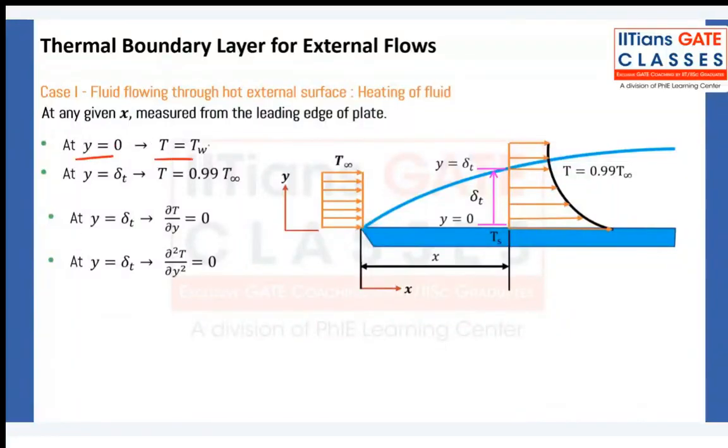And at y equals delta T, T equals 99% of T infinity. Also, after this point, there is no temperature gradient. And of course, you will get the maximum or minimum temperature at y equals delta T. So these are my boundary conditions. Is it clear?